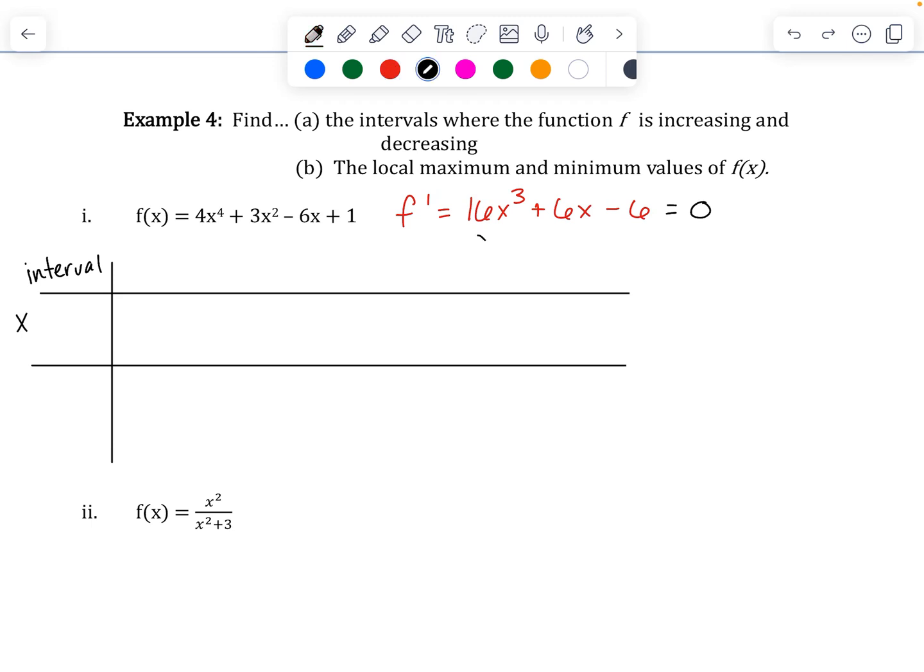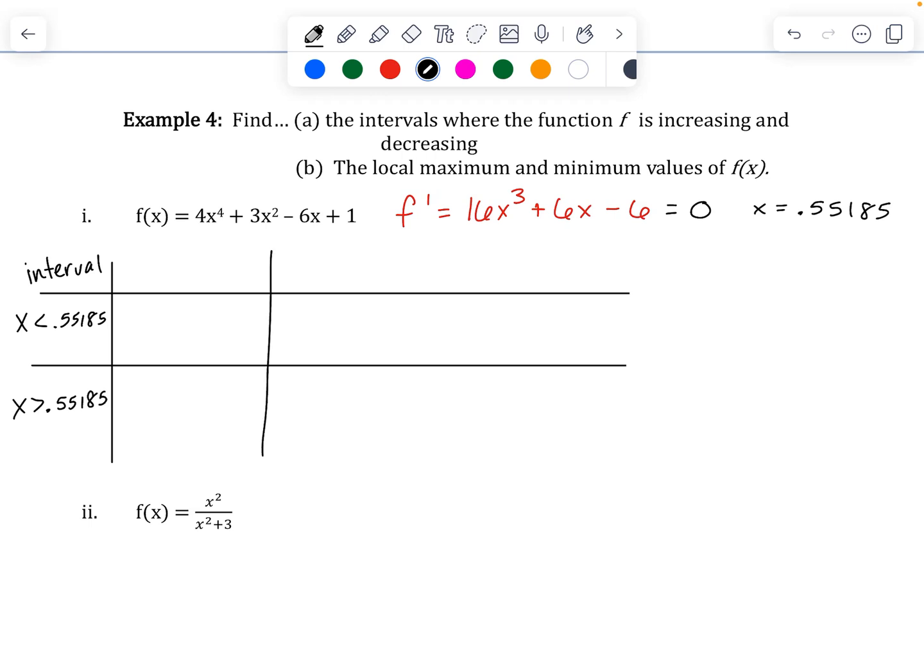And if you graph this and find your zeros with your calculator, you're going to get x equals 0.55185. So I want to know what's going on to the left of 0.55185 and what's going on to the right of 0.55185.